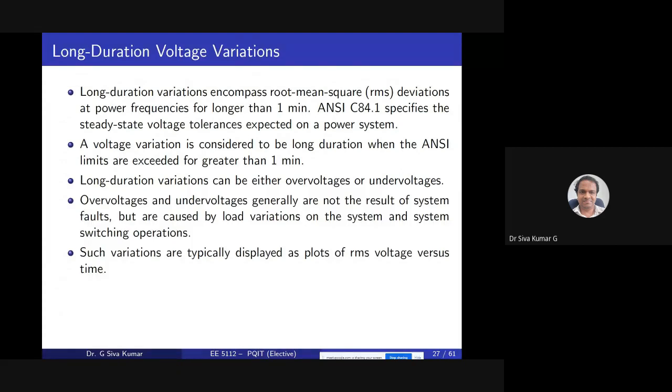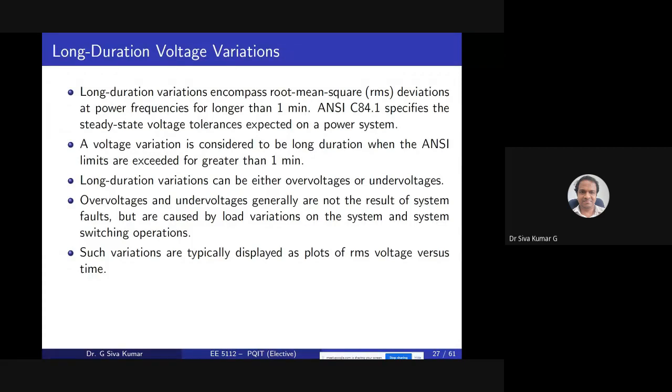ANSI C84.1 specifies the steady state voltage tolerance expected on power systems. They specified the voltage tolerance also expected on the power systems. If the voltage variation is greater than 1 minute, then we'll be calling it long duration voltage variations.